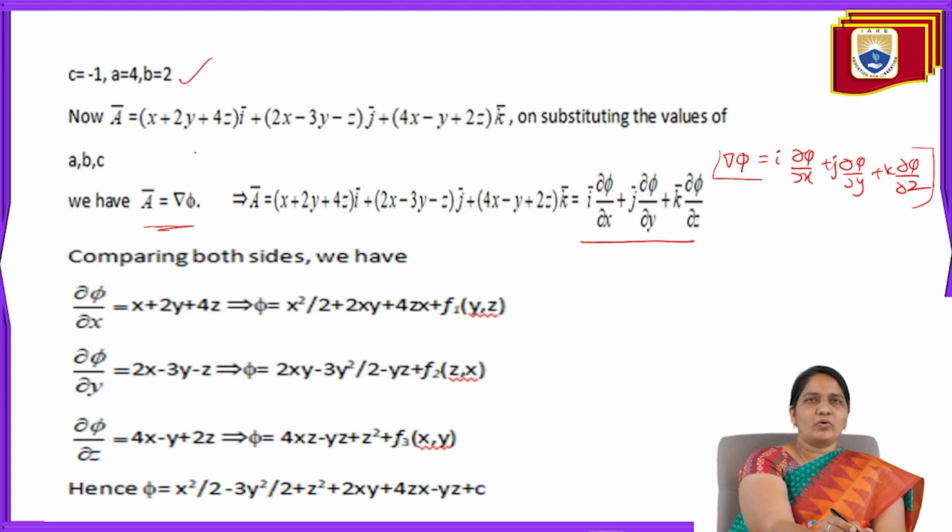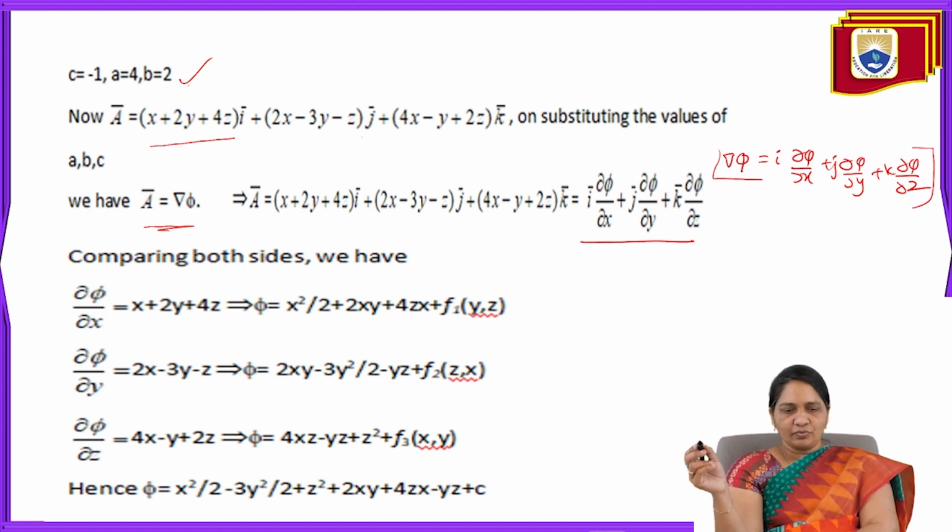So a bar is already given in the problem. What is the a bar? How we got it before?